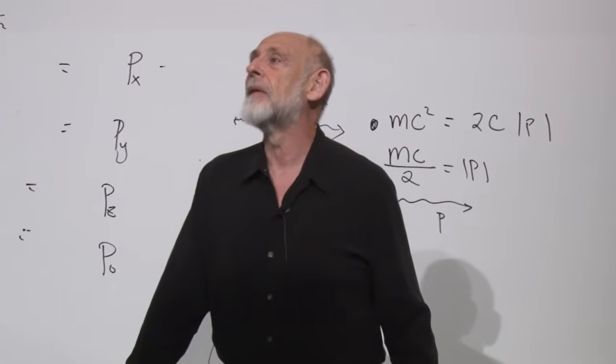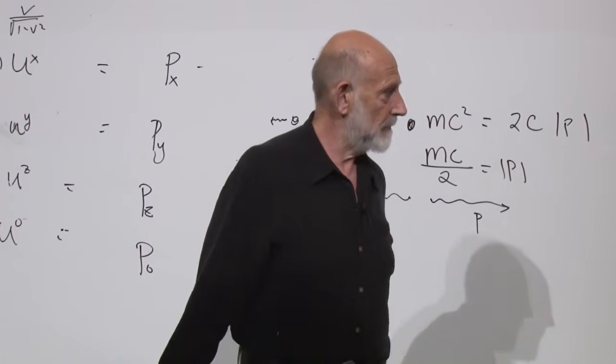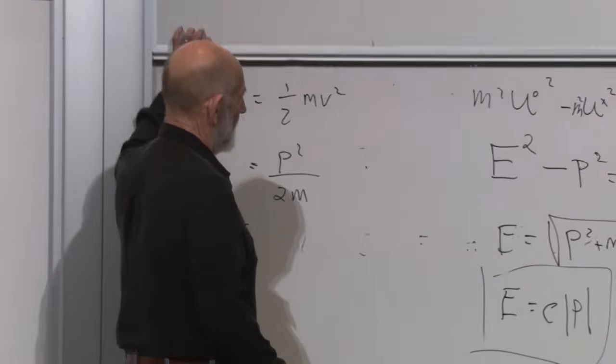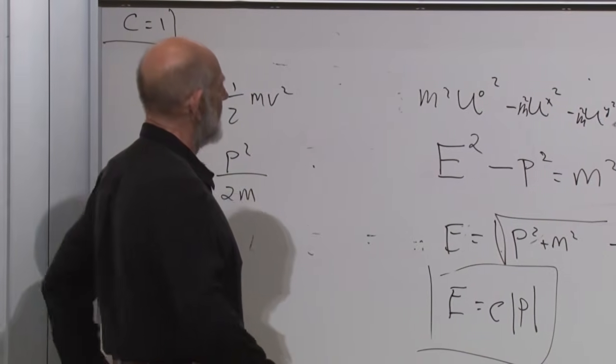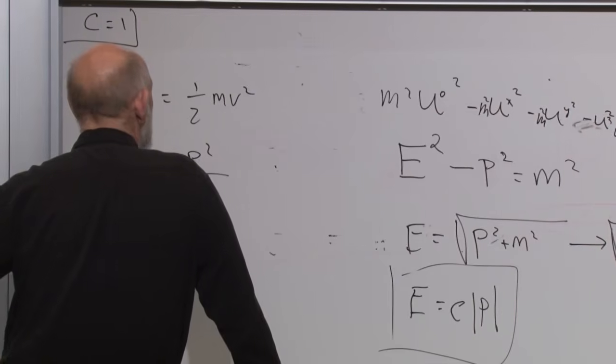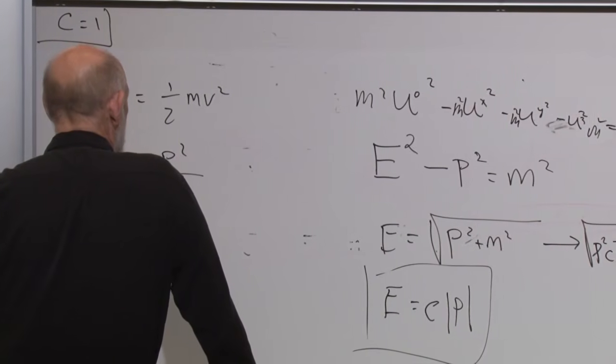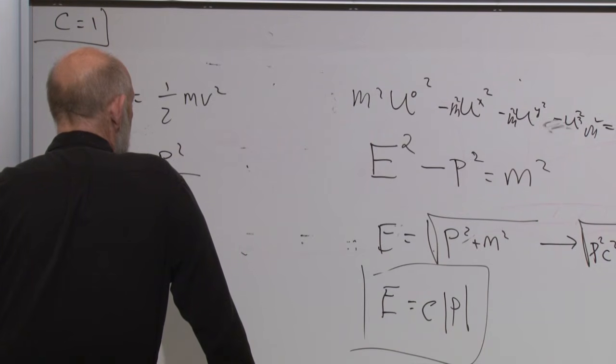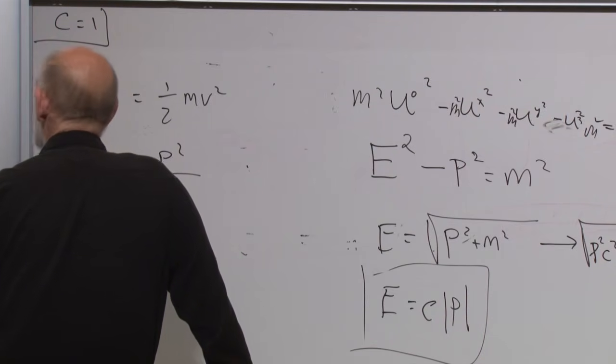Your board there is hiding the equation I want to refer to. What's that? Oh. Yeah. I understand you concluded that E squared minus P squared equals M squared from that equation up above. Right. And it looks like that equation is saying that U naught squared minus U x squared minus U y squared minus U z squared is 1?